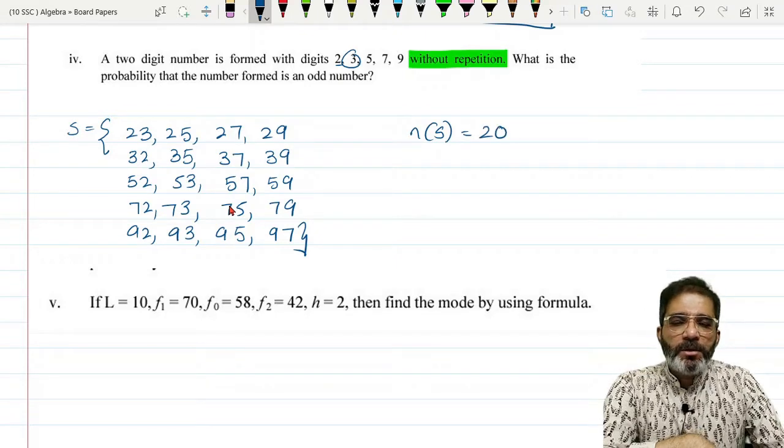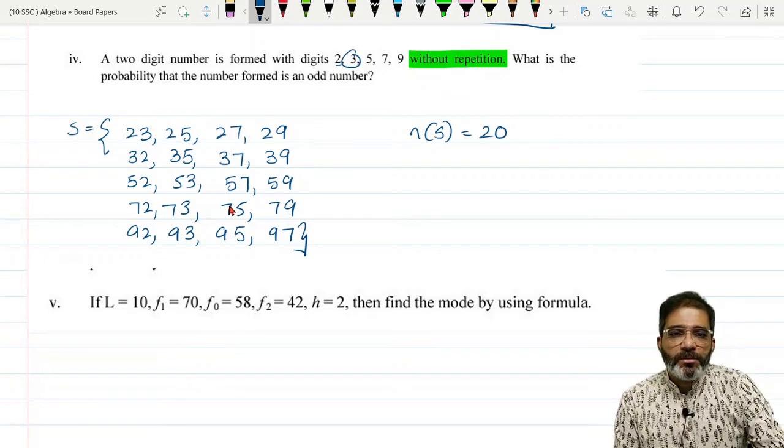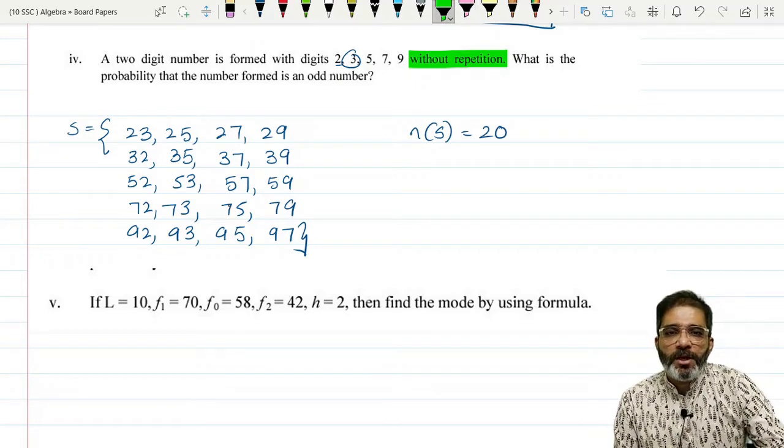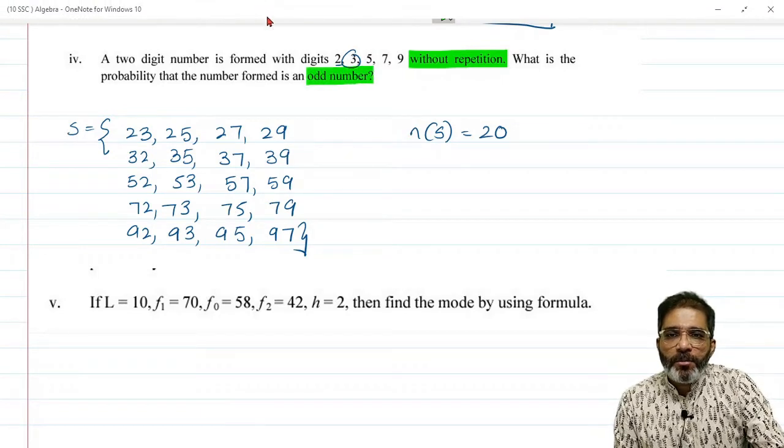So there are total 20 numbers in the sample space, that is n(S) equals 20, and the question is to find the probability of an odd number.